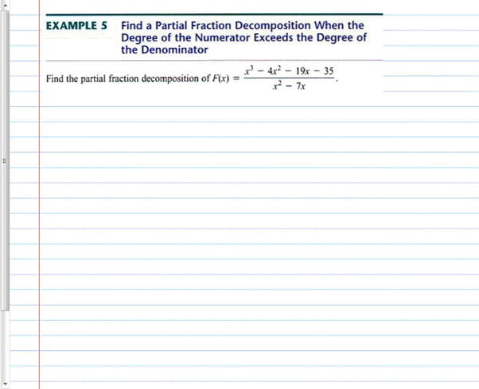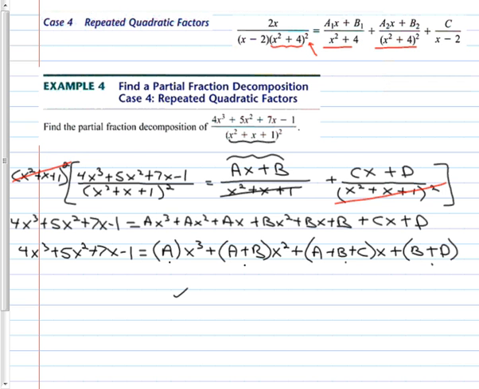Right over here. What do I do when the degree of the numerator exceeds the degree of the denominator? This is a third degree over a second degree. All the others, the numerator degree has been less. This is a first degree over, it actually would be a fifth degree down there on the bottom.